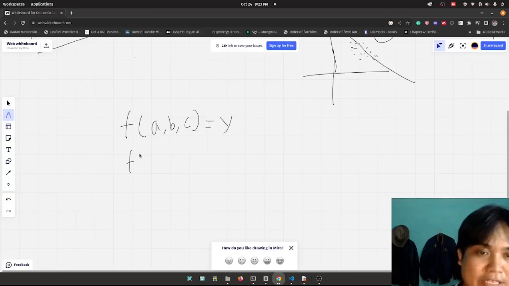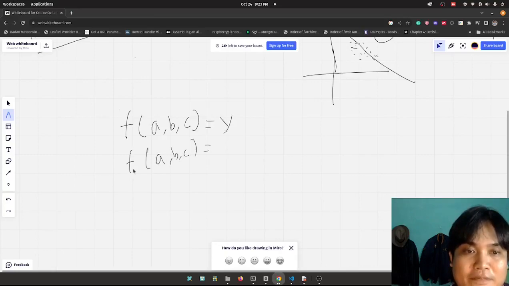So for example, if we mess up the a parameter, the value of this function will not be exactly y, right? It will introduce some error. Let's call it error y.